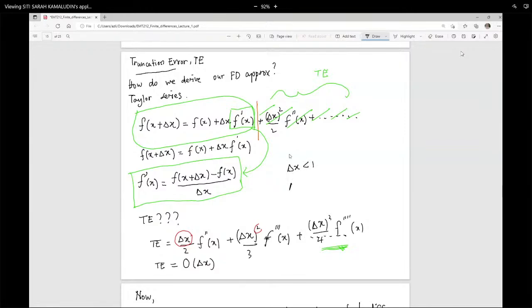So the square of delta x is smaller than delta x. This is the reason why we say that the truncation error is of the order of delta x.